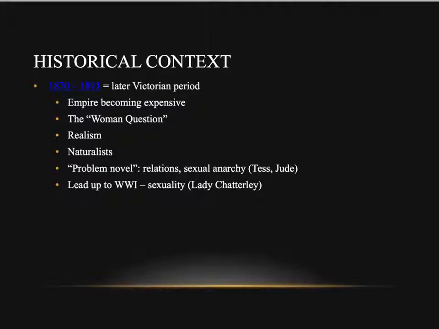The naturalists, influenced by Darwin, believed, of course, that the human animal was a creature which was conditioned by influences beyond his or her control, believed, therefore, that they were largely devoid of free will or moral choice. They were shaped purely by external factors such as hereditary environment and the pressure of immediate circumstances.